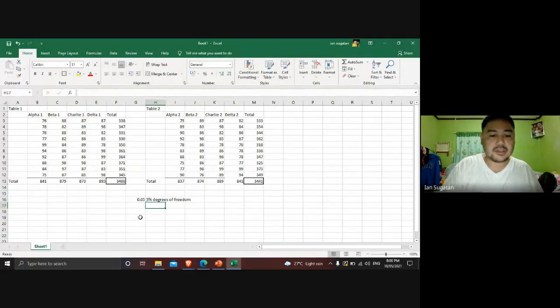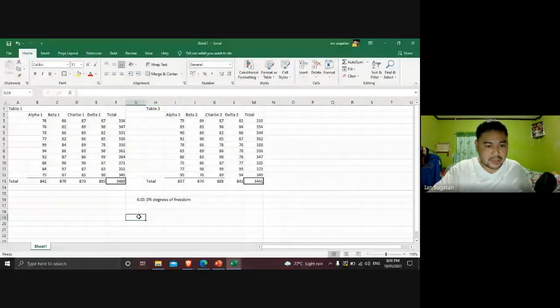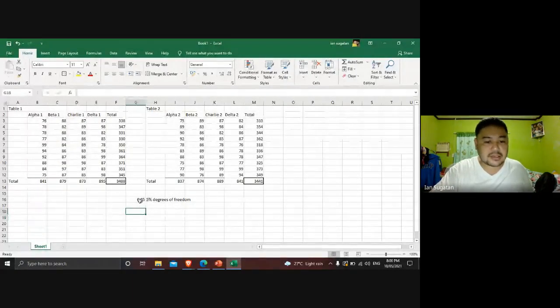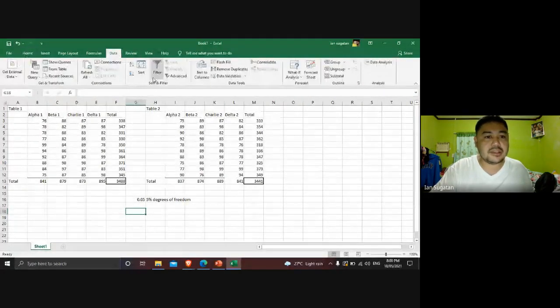So the degree of freedom is the tendency to compare. So the chi-square value we get should be interpreted as lower or higher than 0.05. So let's try it, okay?